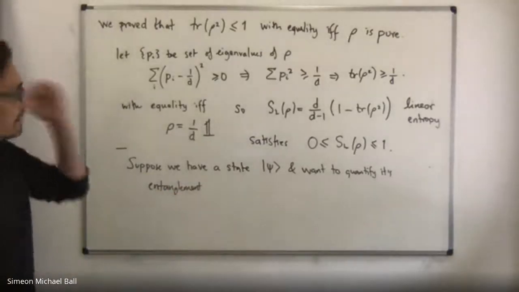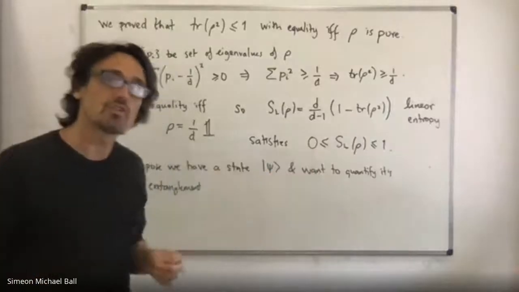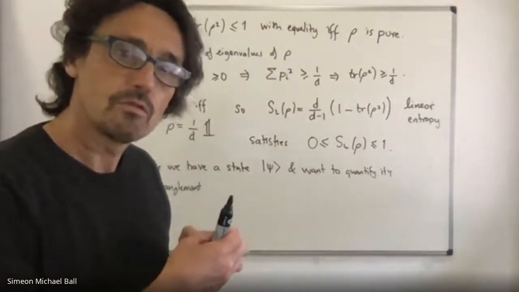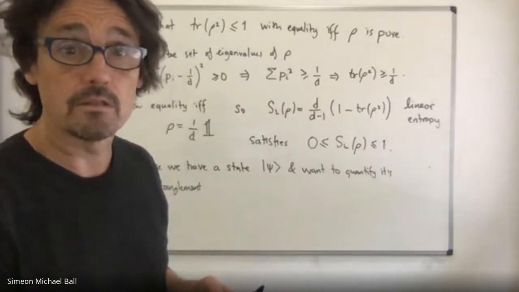Well, what we want then is when we do the reductions down to just some of the systems, some of the particles, some of the qubits.